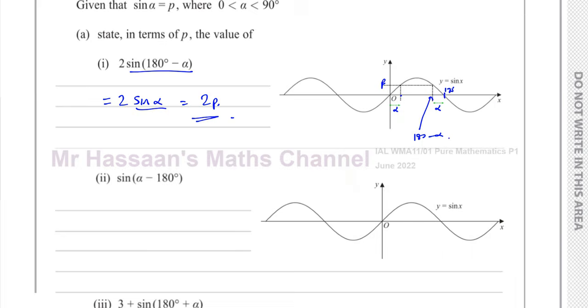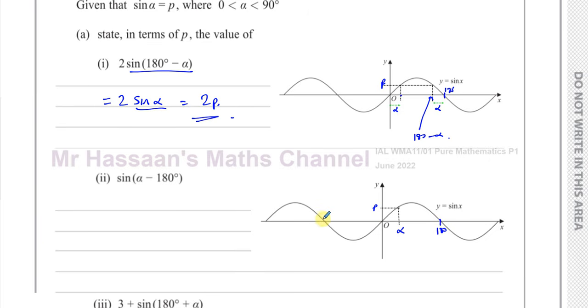Similarly, we can do something with this. We have the sine of alpha minus 180. So now let's take our alpha there. Then of course the P is going to be here. So that's alpha and that's P. Straighten this up again. So there's alpha and there's P, and this is 180.